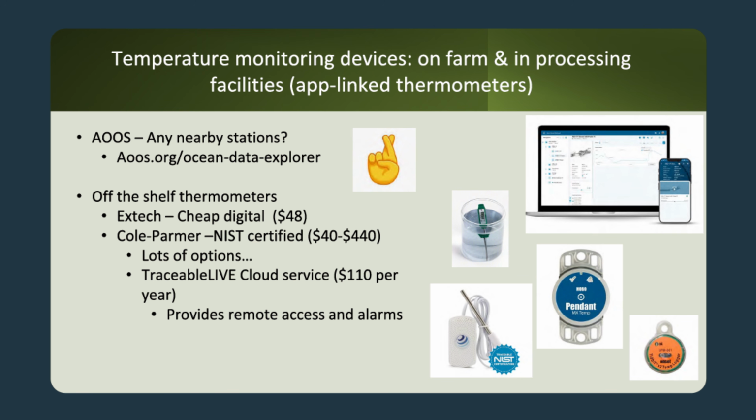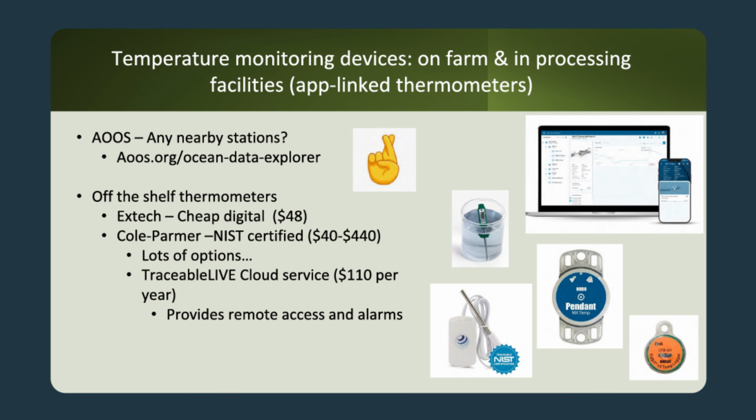Have your own temperature probes. There's cheap off-the-shelf probes that you can get. X-Tech is one of the cheaper ones that I've seen out there. Cole Palmer, they have NIST certified, which is certified through the government as far as accuracy goes. They range from $40 to $440. Lots of options at their website.